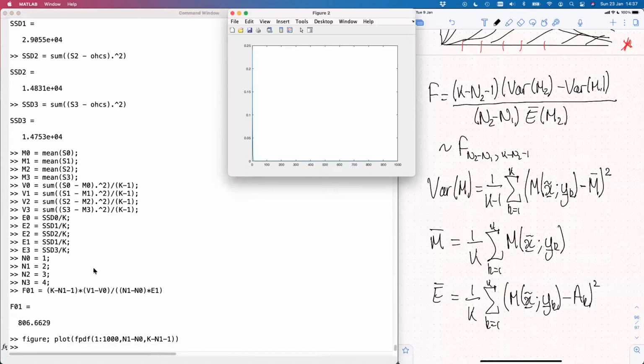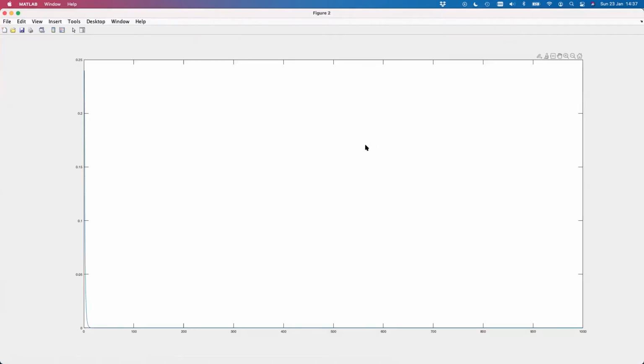Okay, so here it is. You can just about see that this distribution is very peaked close to 0 on this scale from 1 to 1000. Let me make it bigger so we can see it more clearly. The support of this distribution really is relatively close to 0, and by the time we get up to a value of about 10, it's pretty much reduced to 0.